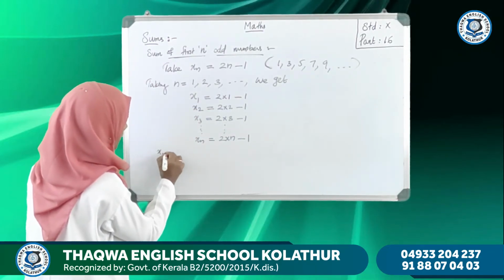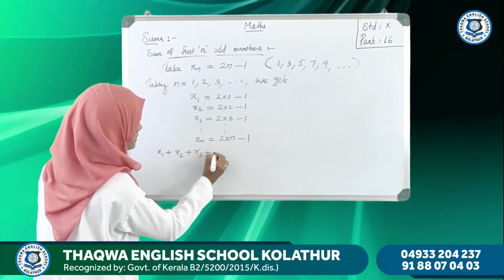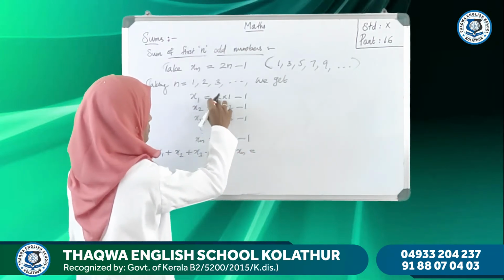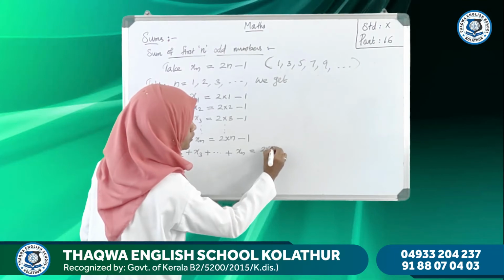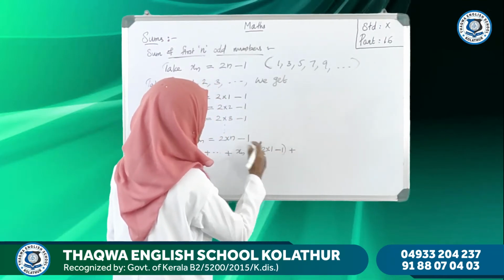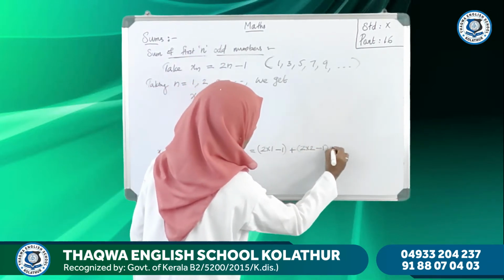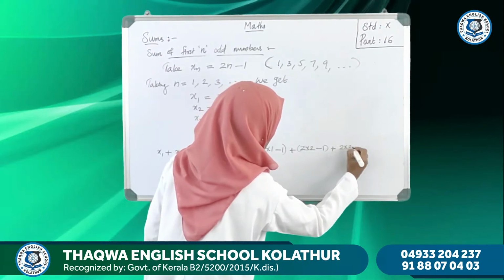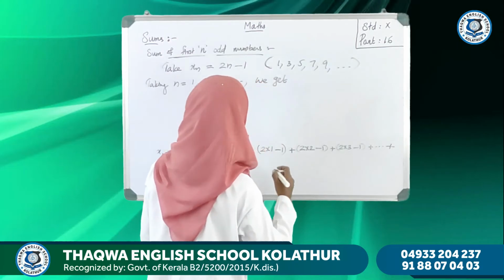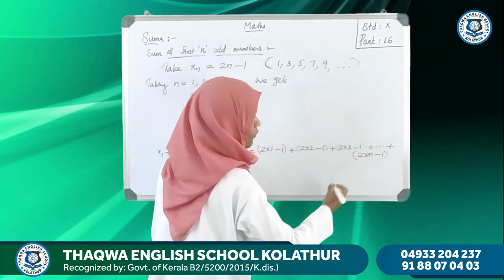What do we get? x1 plus x2 plus x3 plus etc. plus xn equals first term 2 into 1 minus 1, plus next 2 into 2 minus 1, plus 2 into 3 minus 1, plus etc., plus 2 into n minus 1.